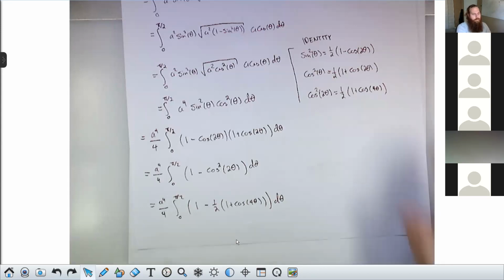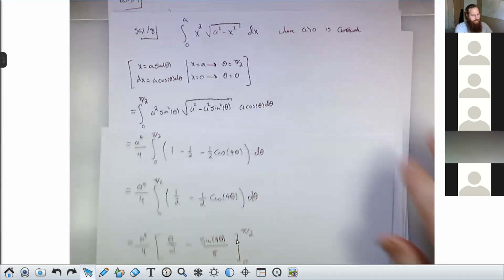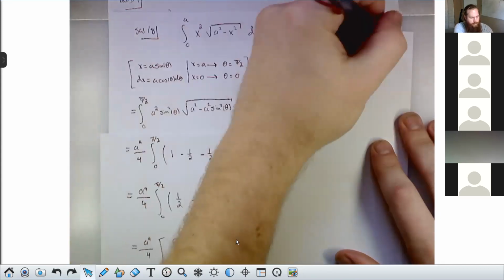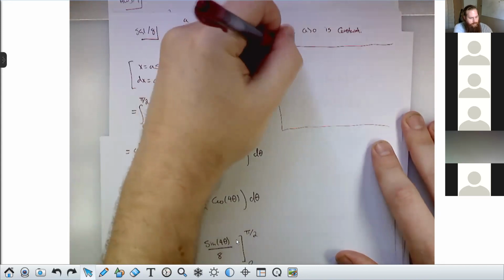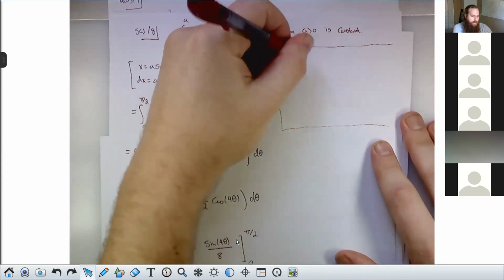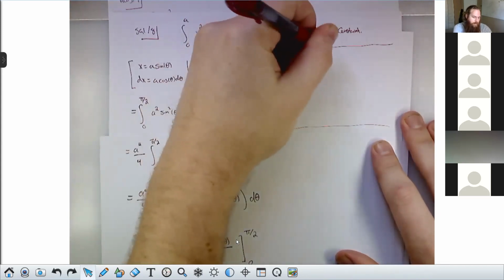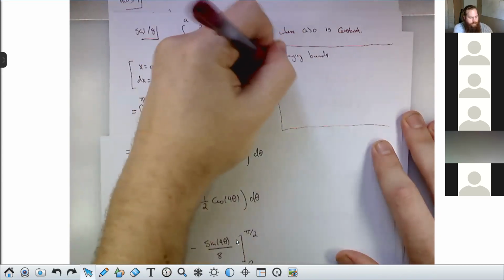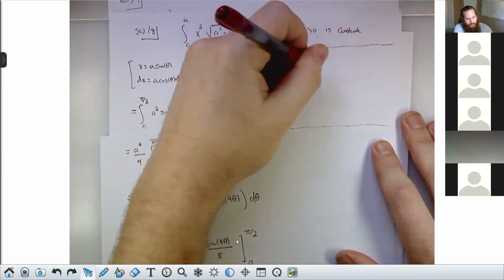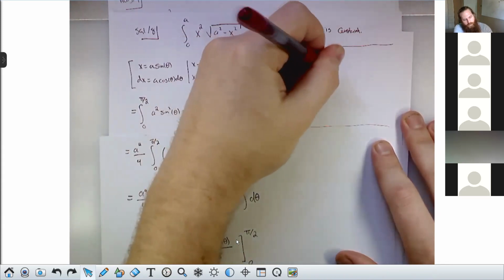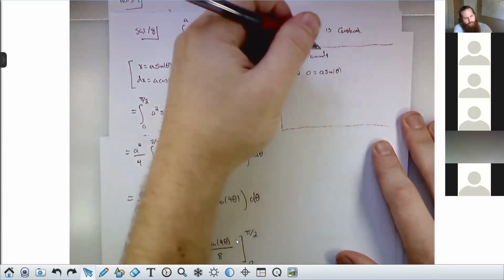A wasn't 1, so the bounds work. Let's take a look at this. I think folks do have trouble with this bounds work. So, changing bounds. When x is equal to 0, we get 0 equals a sine theta.